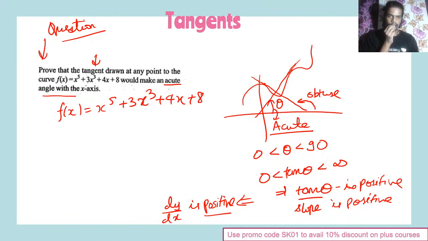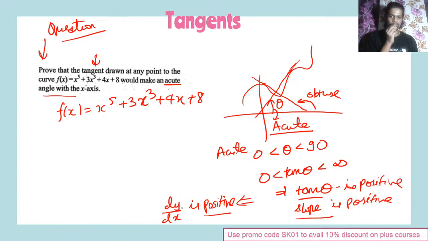The angle which tangent makes with the x-axis, this is theta. It is said that theta is acute. It means that theta should be between 0 and 90. And since it is acute, tan theta should be between 0 and infinity. It means tan theta should be positive. If tan theta is positive, which means the slope is positive, because tan theta is nothing but the slope.